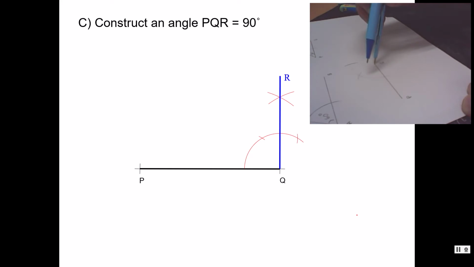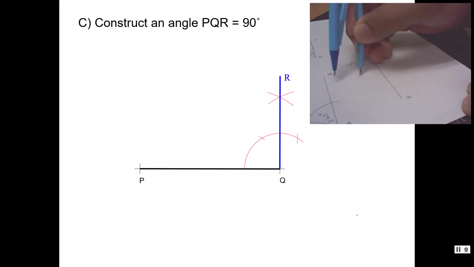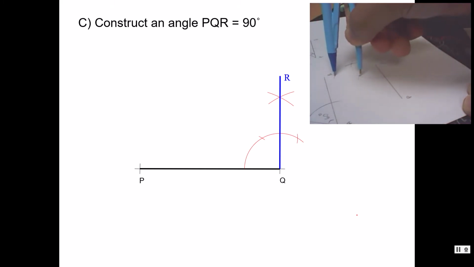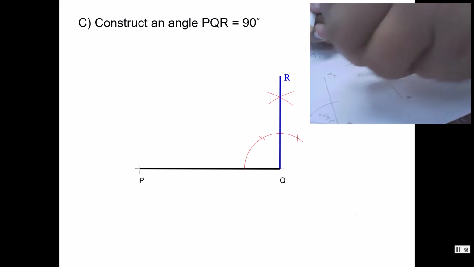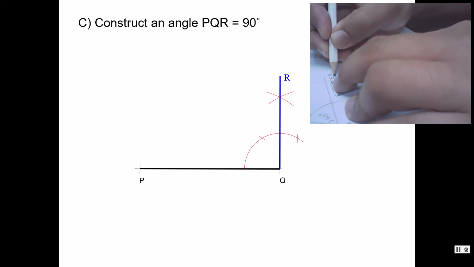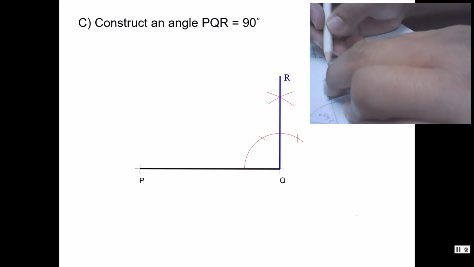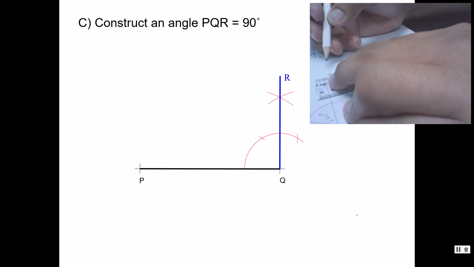So that means we need to extend this a bit. Now you already have these 2 points. From these 2 points you need to draw some circle from here and from here, so that you get the point here. And then from this point just use the ruler to draw the line.